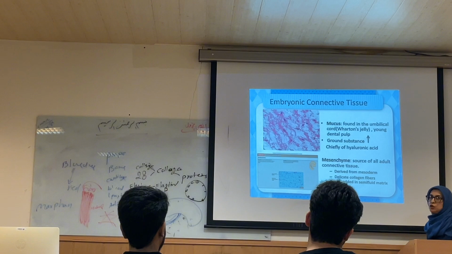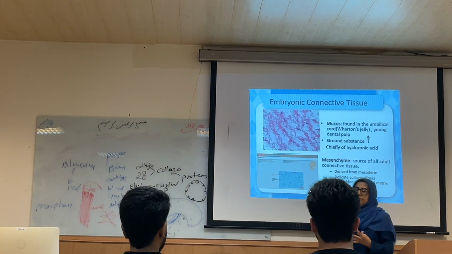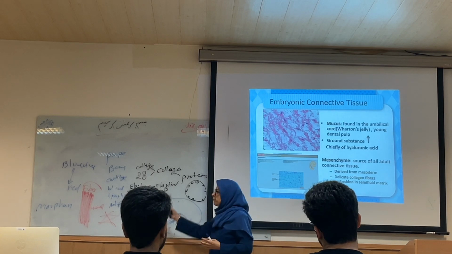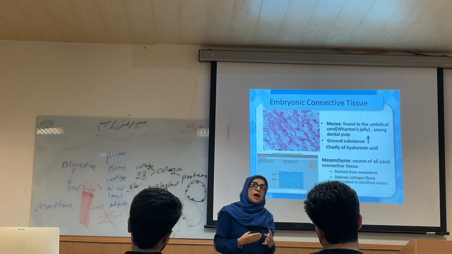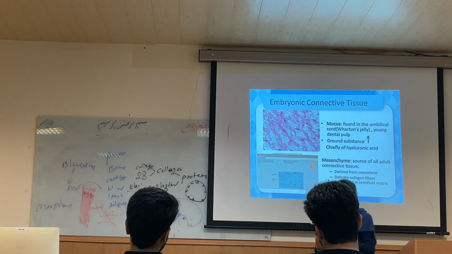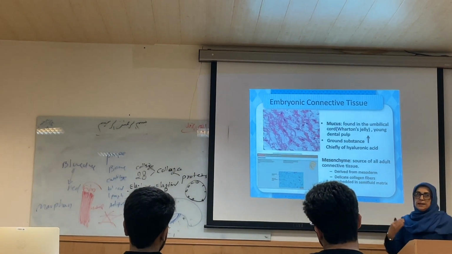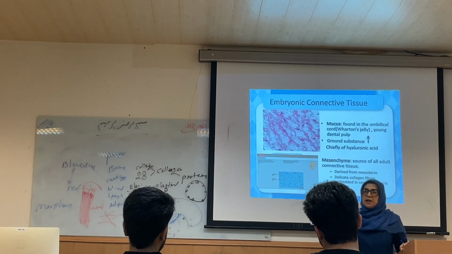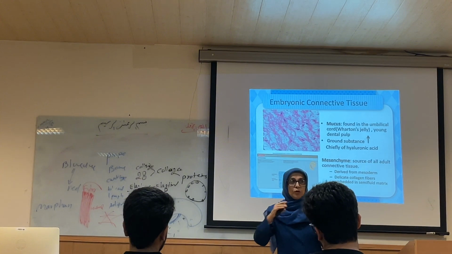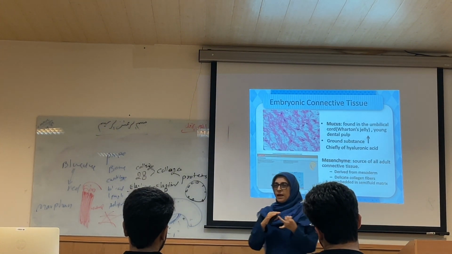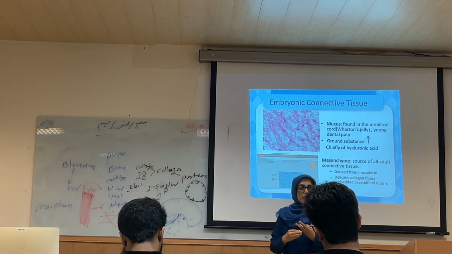Mesenchyme connective tissue is the backbone of the embryo. In the first two months, the embryo includes mesenchyme tissue. What is the mesenchyme tissue? It includes a lot of mesenchyme cells, which finally differentiate into different types of connective tissue, such as skeletal bone, cartilage, blood, and adipose tissue.